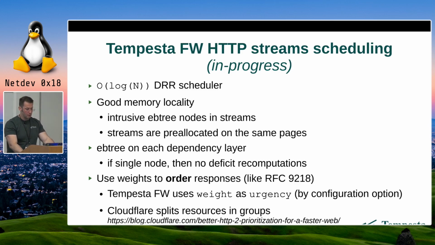Also, we have a configuration option. So if in HTTP2 you have a web resource which uses progressive JPEG, or maybe some web API which actually uses concurrent HTTP streams, then you can switch the option on, and Tempesta will behave like RFC 9218 and just treat streams as ordered.